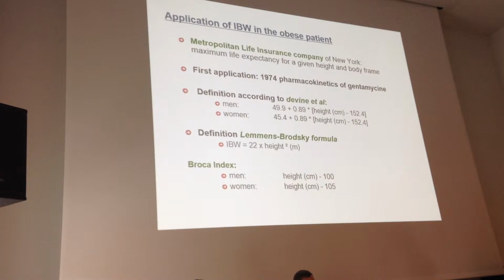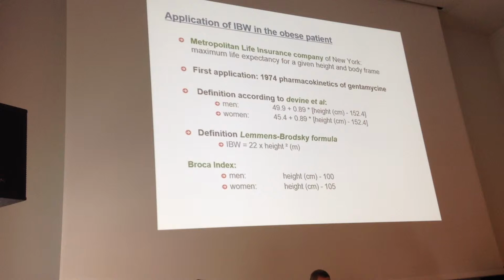One of the earliest adaptations in dosing, using a dosing scaler, was the introduction of ideal body weight. This is a term derived from the insurance companies, and strangely enough, the first application of this ideal body weight was in the dosage of gentamicin, an antibiotic. And in this way, it found its way in our dosing strategies.